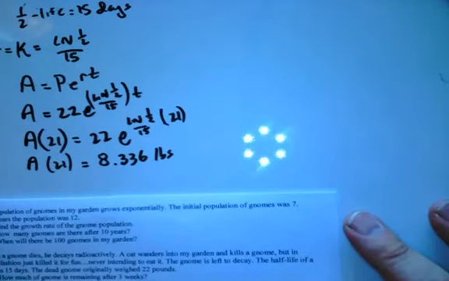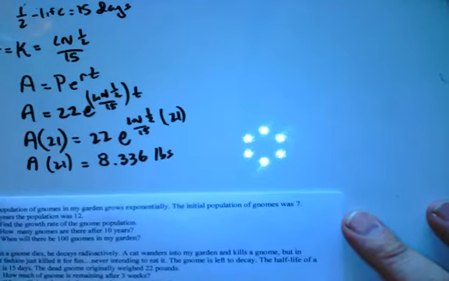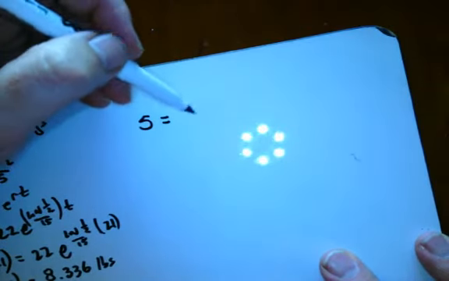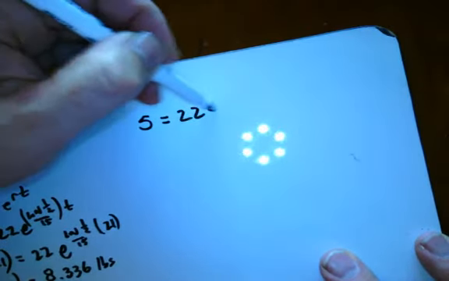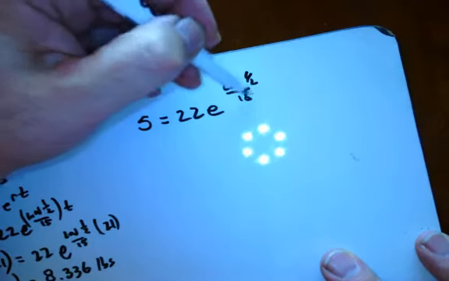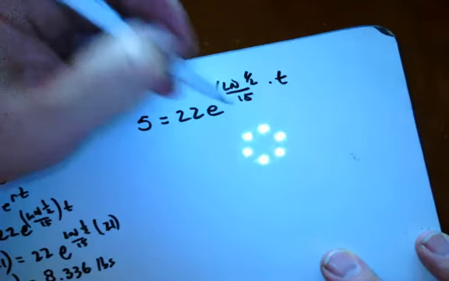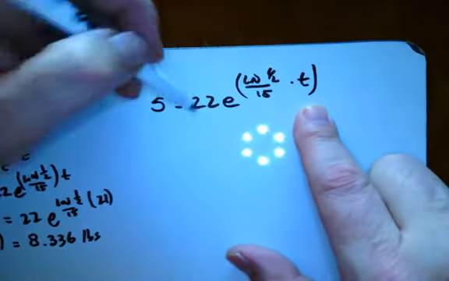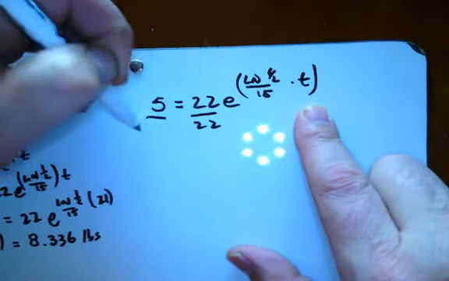Not much gnome left. Okay, the next question: when will there be only 5 pounds of gnome remaining? So 5 is an amount. I'm going to plug that in on the left side of the equation and set my model equal to it: ln of a half over 15 times t. So I need to solve for this t up here.